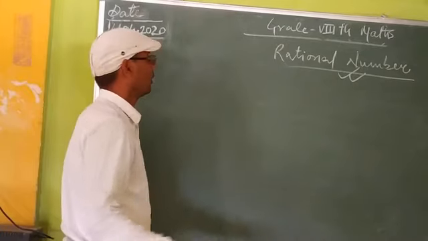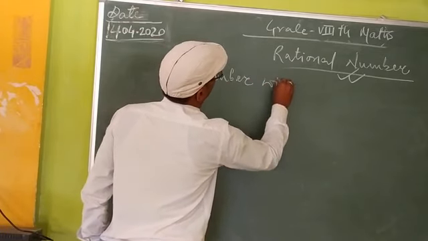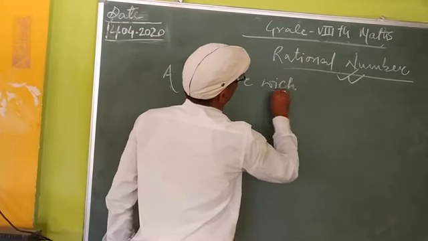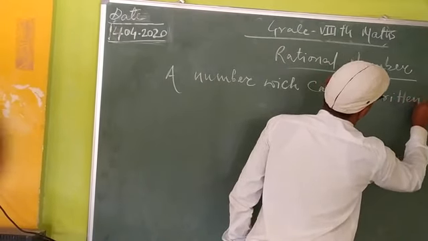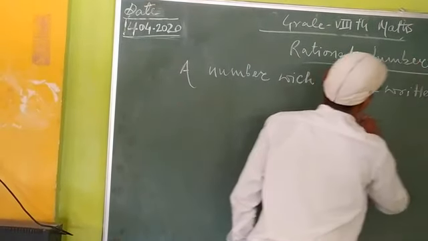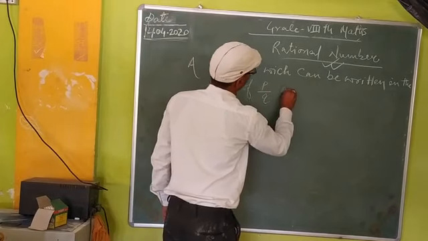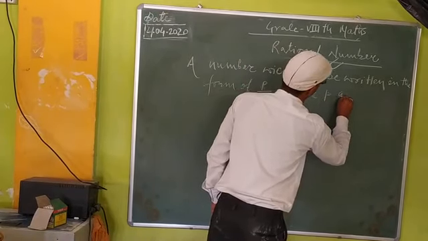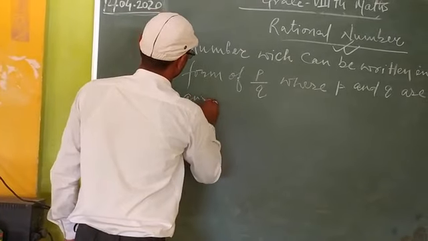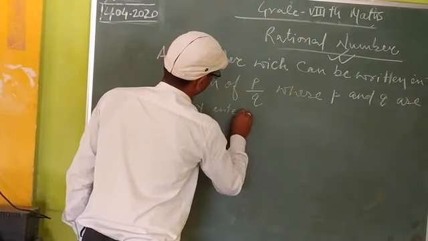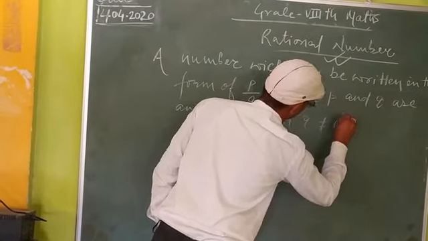A number which can be written in the form of P by Q, where P and Q are any integers and Q is not equal to 0.